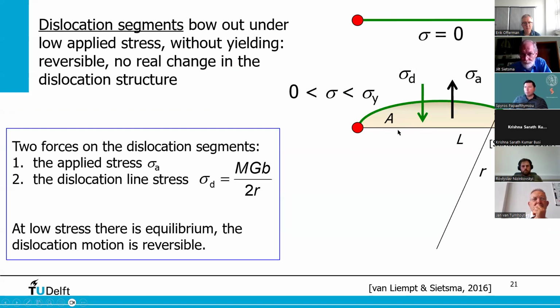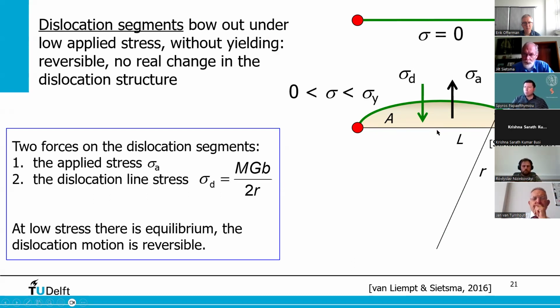How does it work? At low stress, so at stress 0, the dislocation segment will be straight because that's the condition of lowest defect energy. When you apply a stress, you have two stresses. One is the applied stress on the dislocation, which makes it move upwards in this case. The other is the line stress of the dislocation, which wants to make it go back to the equilibrium position, to decrease its defect energy.